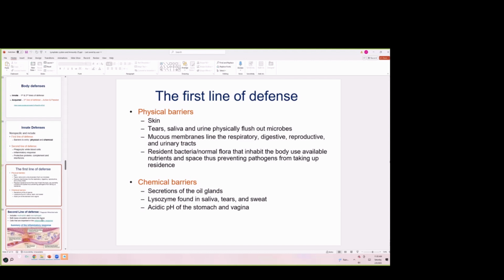Then the other part I was talking about is called resident bacteria. Sometimes they just call it general because there are different kinds. They call it normal flora, that stays on top of our skin or inside our stomachs, for example. When other bacteria come in, it competes for things and doesn't even give them a chance to proliferate, to grow.